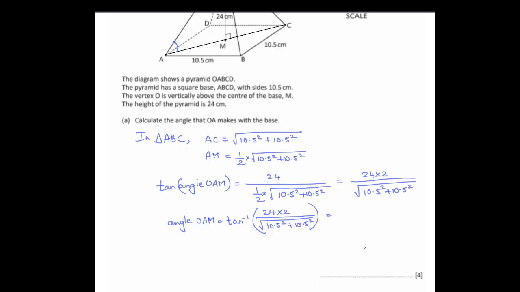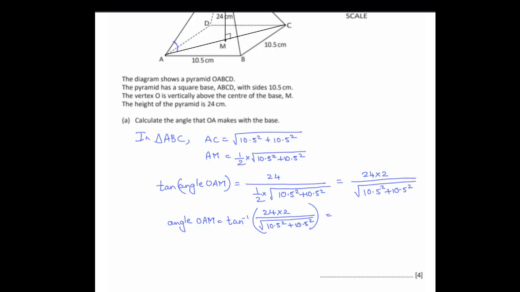Find out in the calculator. Tan inverse of 24 into 2 by square root of 10.5 square plus 10.5 square.